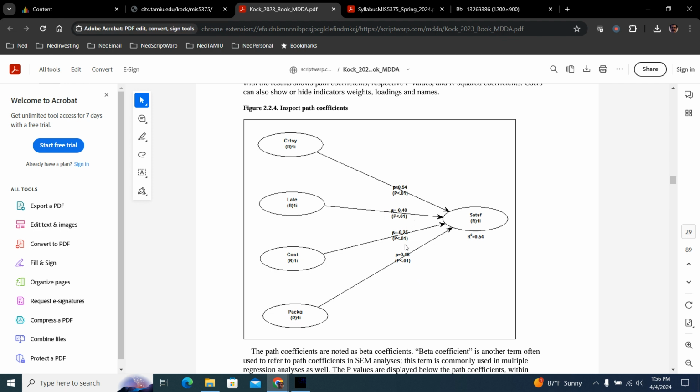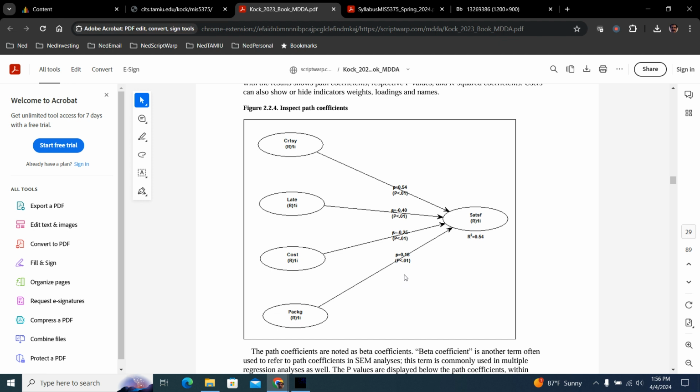The negative sign is related to the type of relationship. It's an inverse relationship. So more lateness, less satisfaction, whereas more courtesy, more satisfaction. But typically you will order them based on the strength of the relationship, just for clarity.